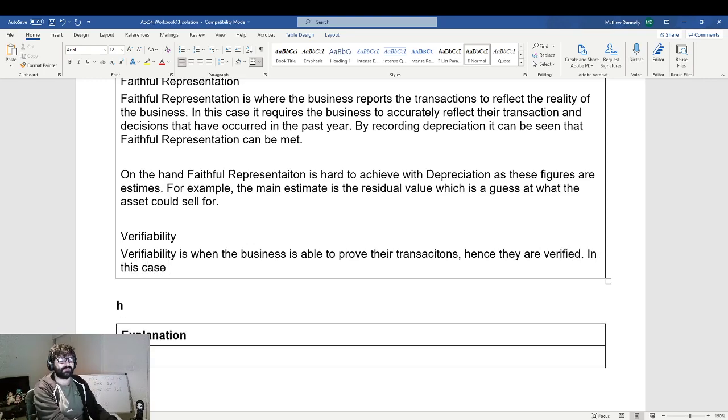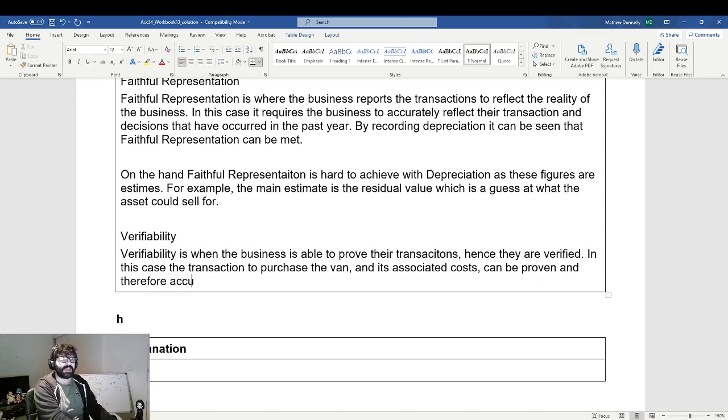In this case, the transaction to purchase the van and its associated costs can be proven and therefore accurately be categorized based on the actions of the business.